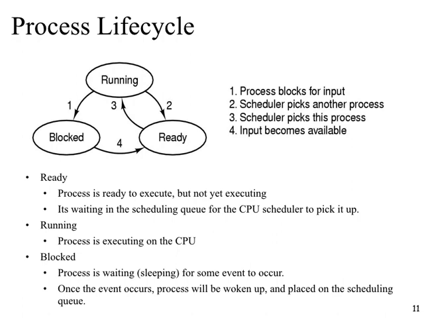This is shown by transition number 1 in the slide. When a process is in blocked state, it is waiting for some event to occur. Once the event occurs, the process can move back to ready state, which is shown by transition number 4.